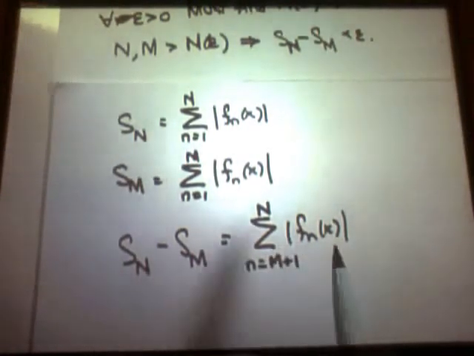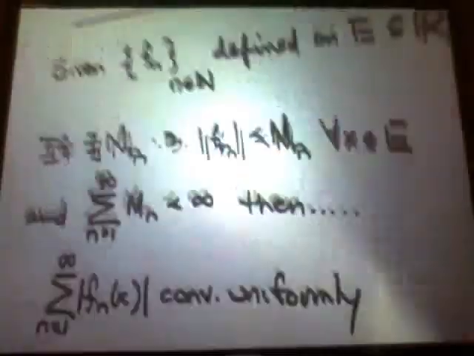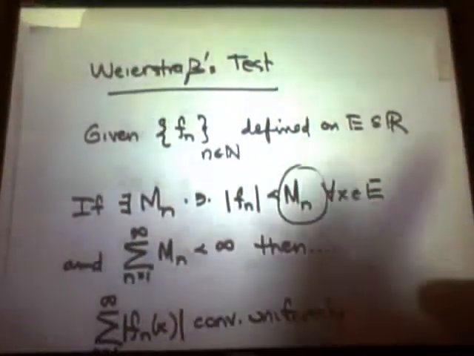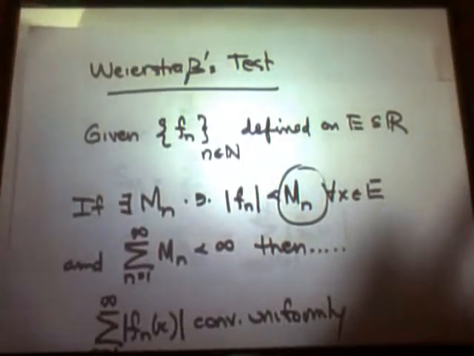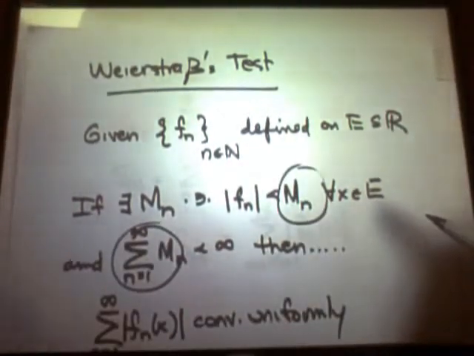How can we ensure, remember, we want this to be less than the given epsilon? How can we make that true? What do we have going for us? So go back and check that out. We have the majorizing numbers that converge as a series.